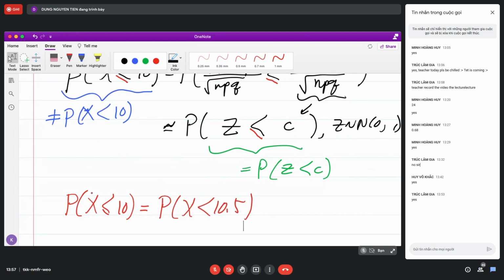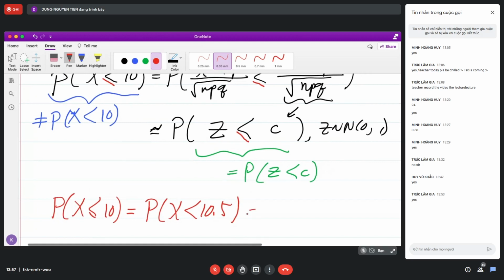Because X is an integer, this equation is always true. Then you can keep using similar arguments to use the standard normal distribution to approximate the probability. Is there any questions so far, everyone? Is that all clear?